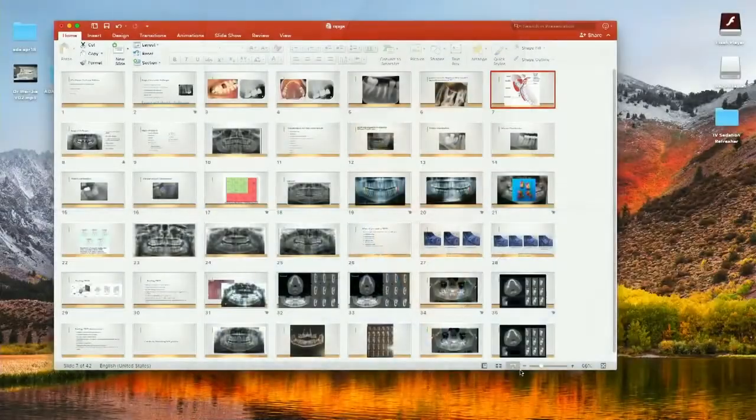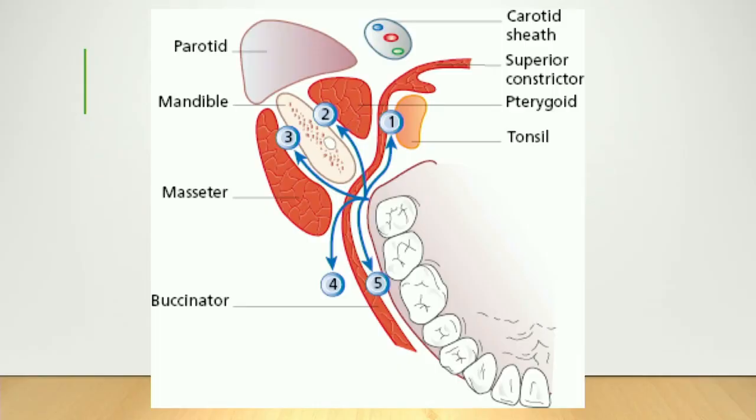So, for example, if we go back to that picture we had before, say your lingual artery is, I think this is a maxilla, but it doesn't matter.